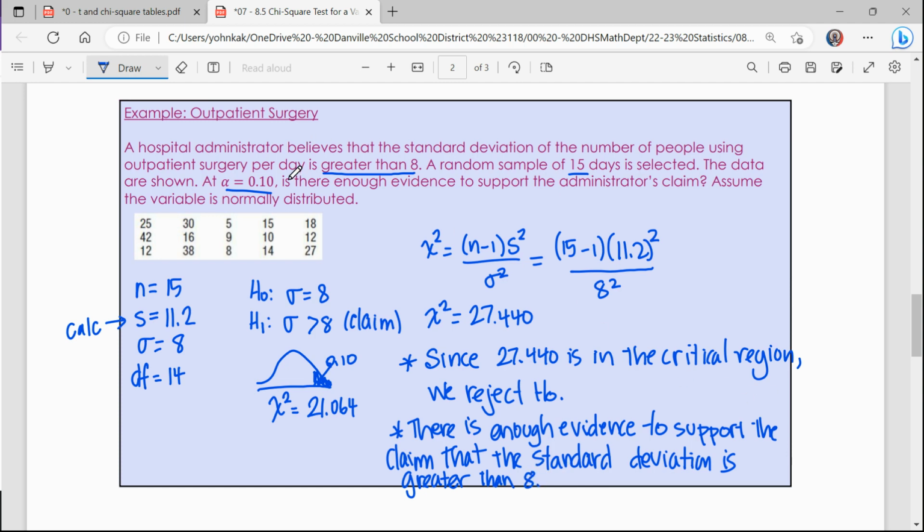So there is a question, is there enough evidence to support the claim? And the answer is yes.